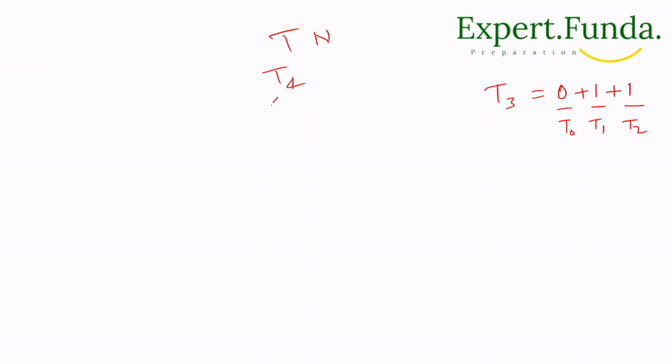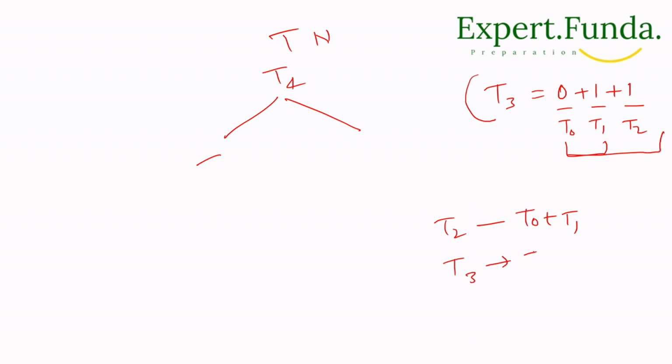So there are two possibilities. If you have already calculated T3, we have the previous values. We will have the sum T0 plus T1 when we are calculating T2. When we are calculating T3, we have this information: T0, T1 and T2.